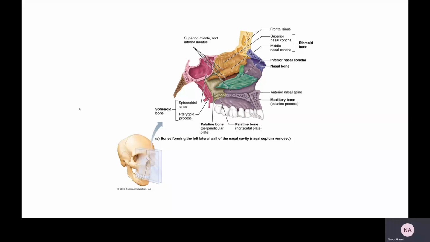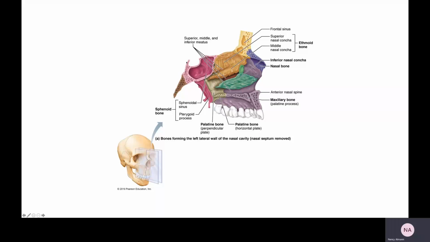So you will see this is a section which shows you bones that are going to form the lateral wall of the nasal cavity on the left. The nasal septum has been removed. Fear not, I will not put something like this on an assessment and say, name all these bones. Let's see what we can find out, though. All right, so here's the sphenoid bone.